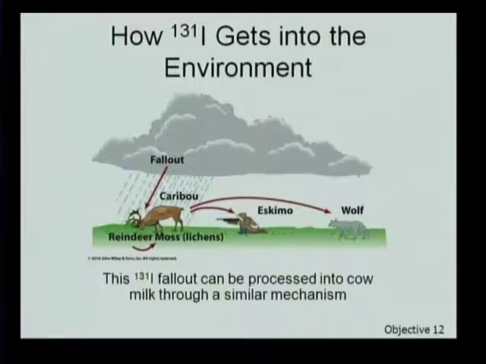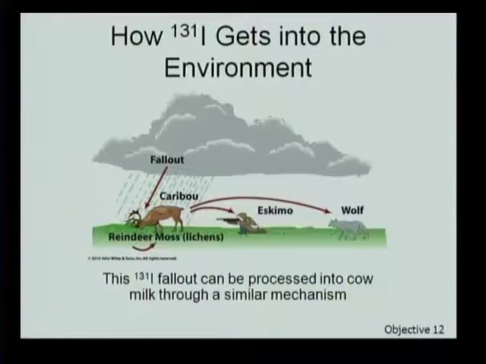And the Eskimo and the wolf, by consuming the caribou, are going to get the iodine-131, which originally came from the environment, and it came from the environment because a nuclear reactor released it into the environment, or a nuclear weapons explosion.